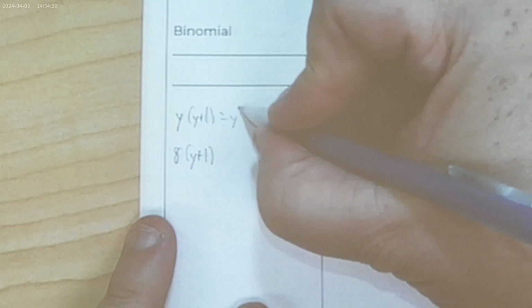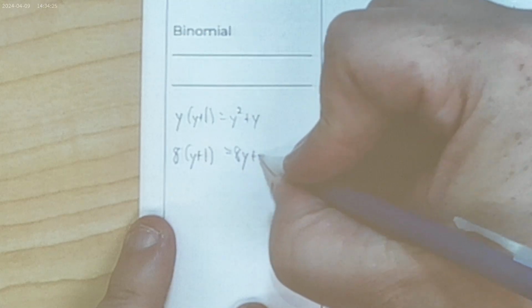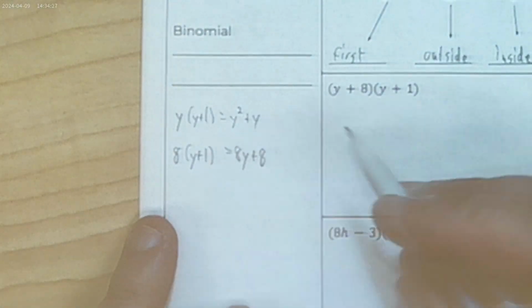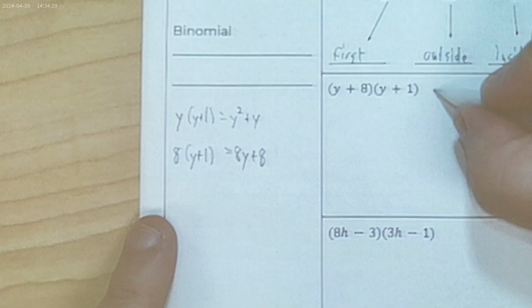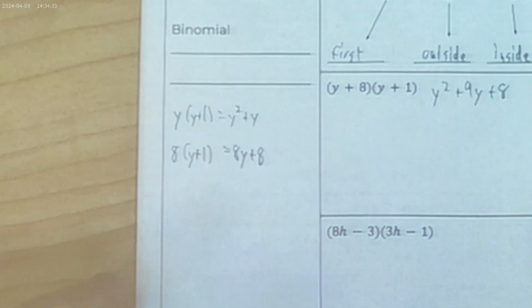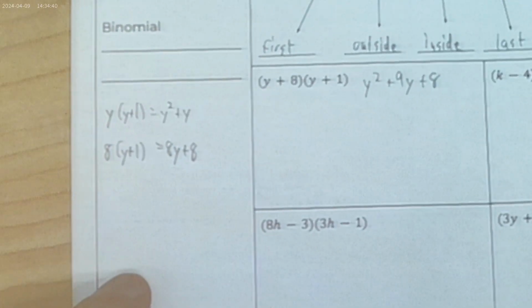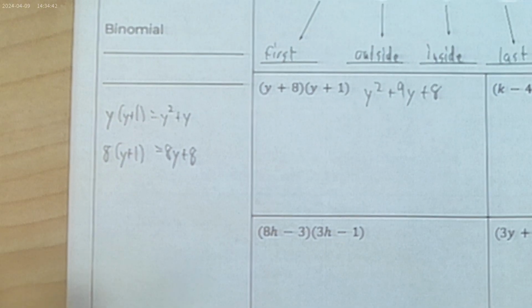That would give me y squared plus y, and 8y plus 8. And then I would combine these to y squared plus 9y plus 8, which is pretty much the correct answer. But let's see what I can do with the FOIL method.